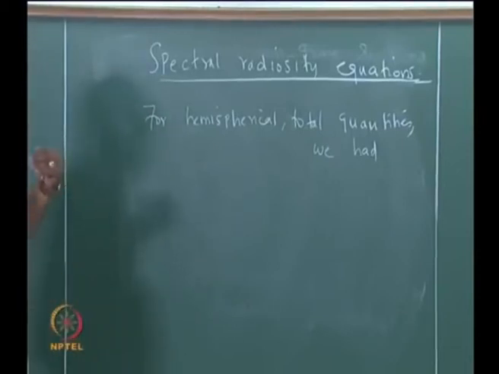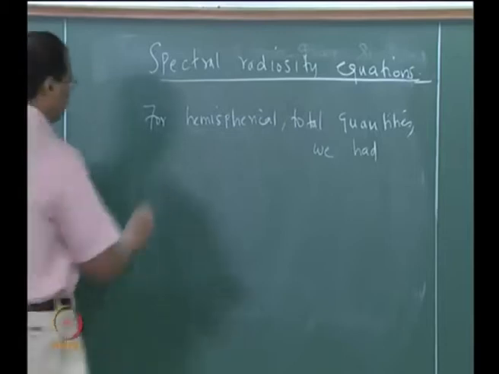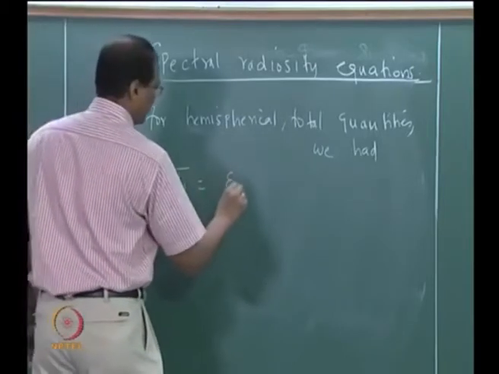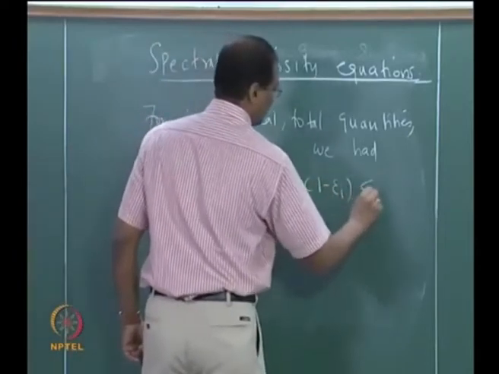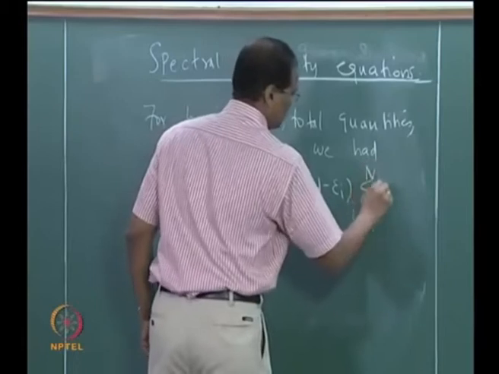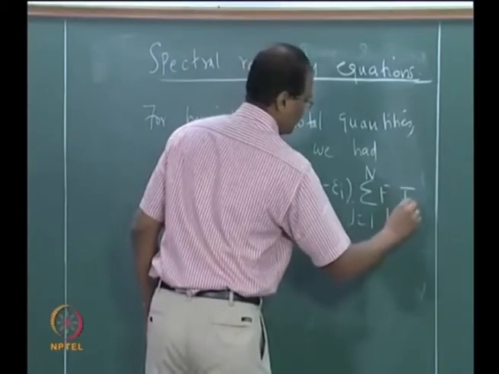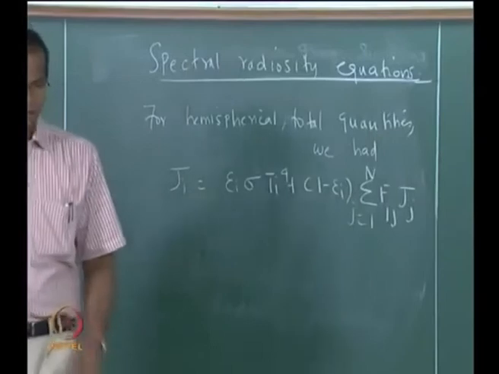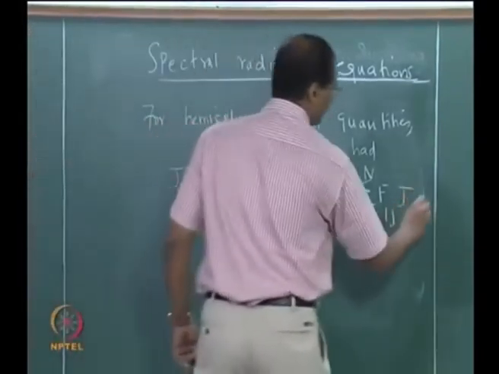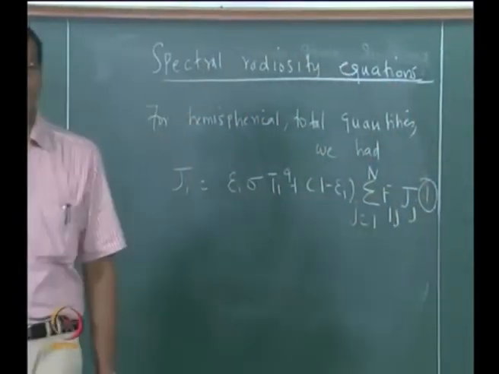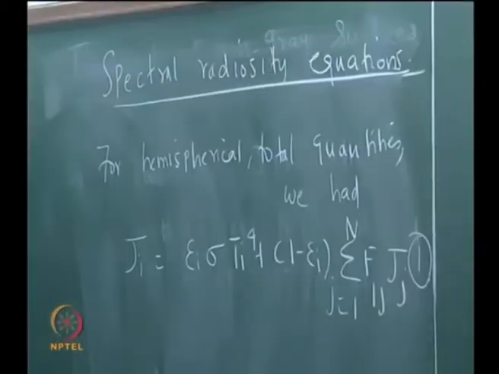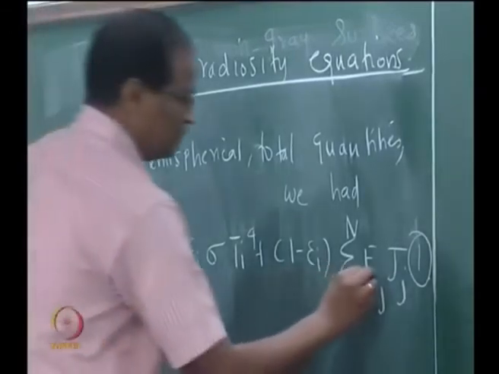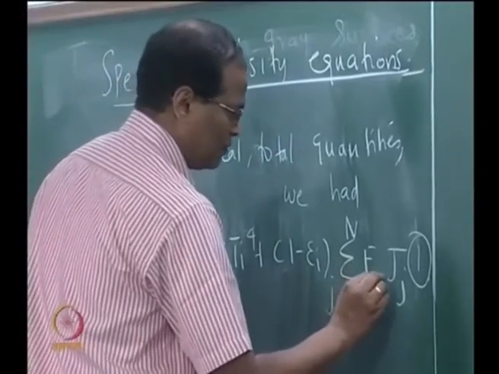We will first write what we are familiar with: Ji equal to epsilon i sigma, and so on. We know this.